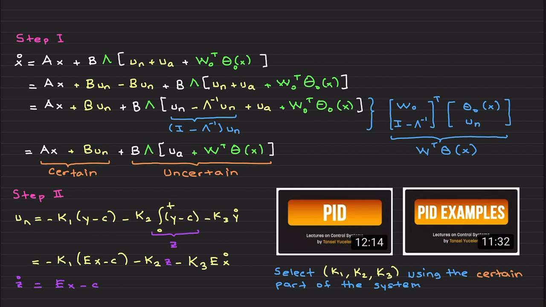In this video, I am not going to discuss how to tune a PID control, but if you would like to refresh your mind, I strongly suggest that you go and watch these 2 videos on the Lectures on Control Systems playlist, so that given a system like this, you will be able to tune K1, K2, and K3.